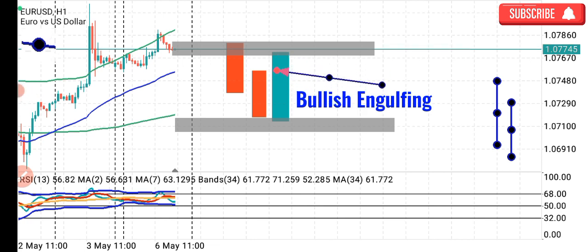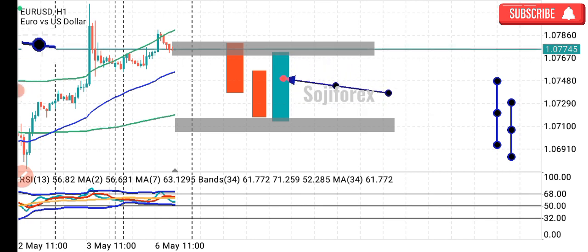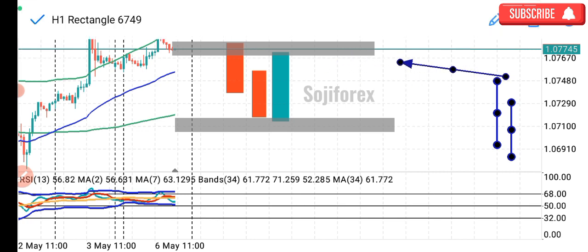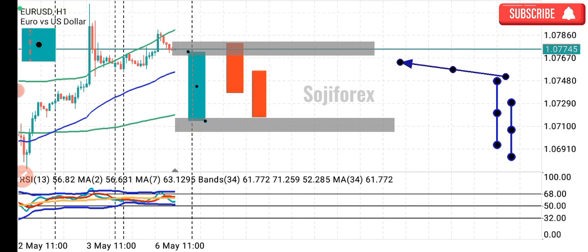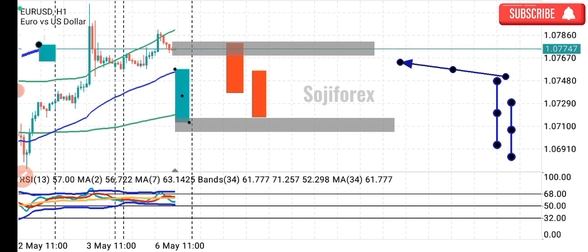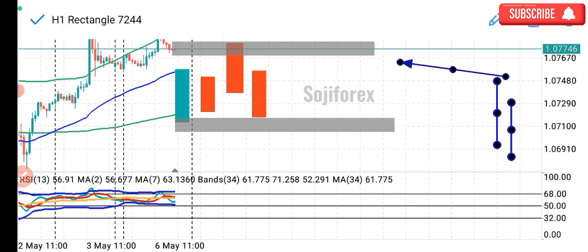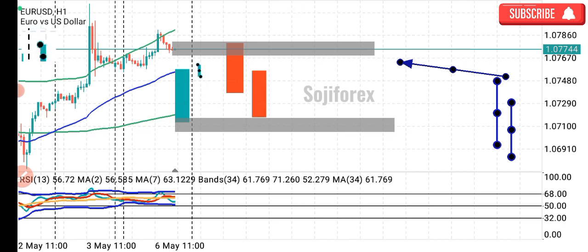So this is a bullish engulfing candlestick pattern, and in the same way we can also have a bearish engulfing candlestick pattern, depending on the market situation and scenario. What we are saying in essence is that over time we have been having the market move to the upside.